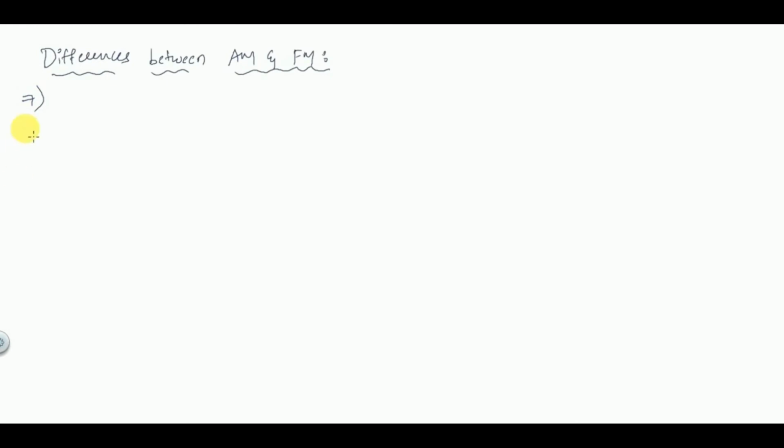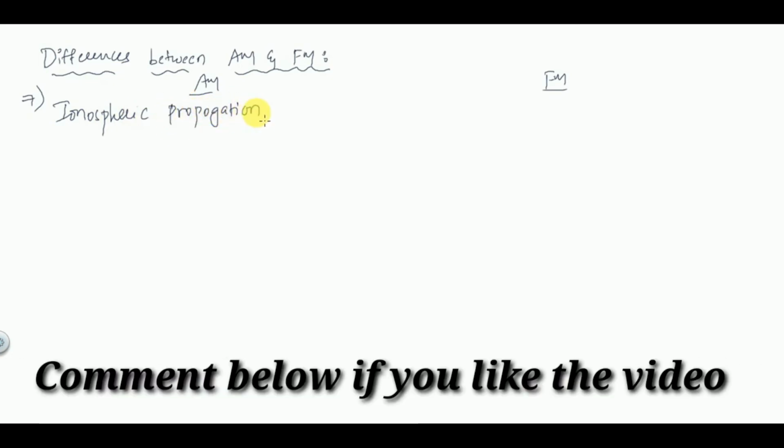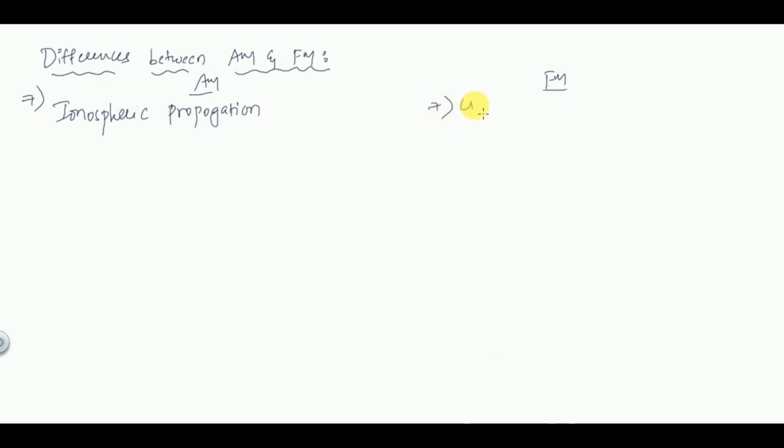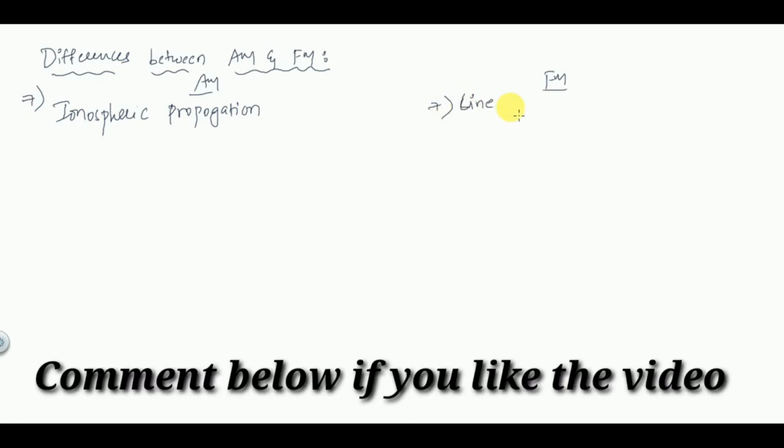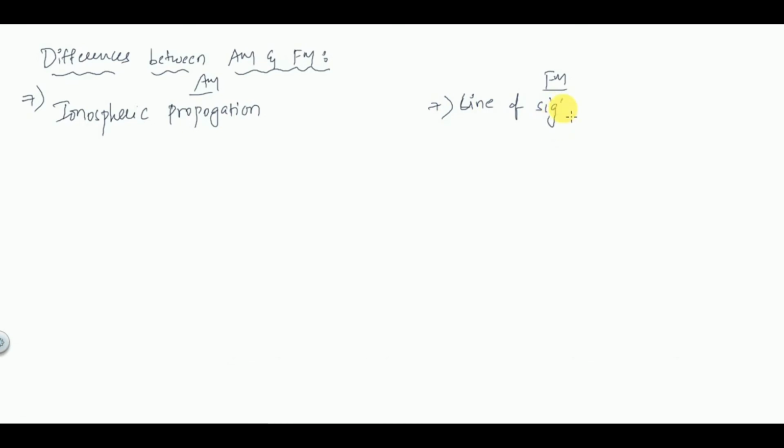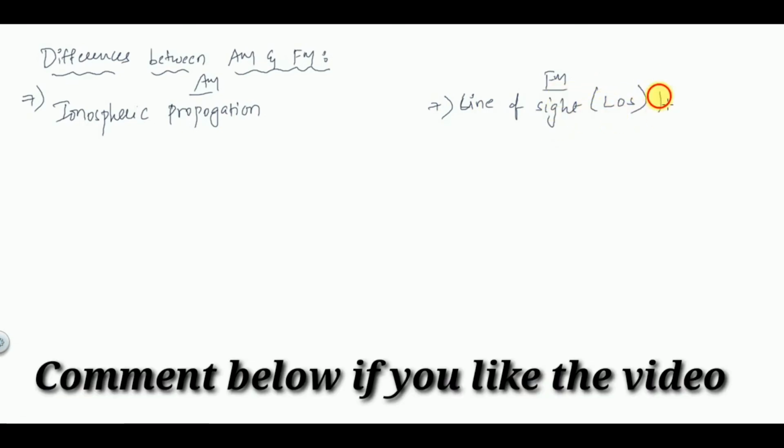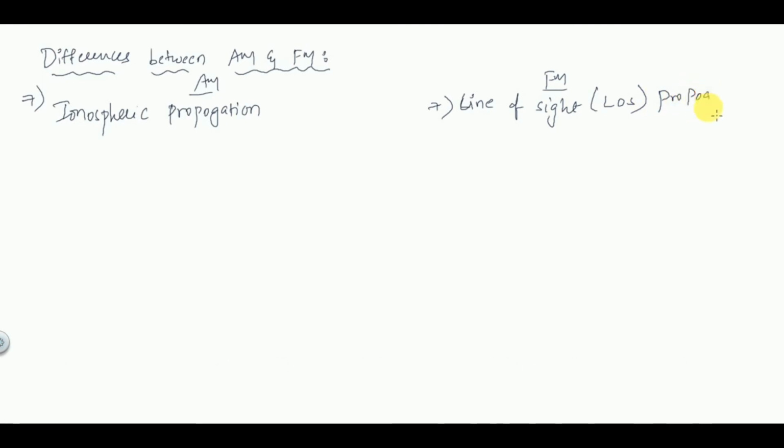So the next difference is, in AM we'll use ionospheric propagation, and line of sight propagation, in short LOS propagation, is used in the case of FM.